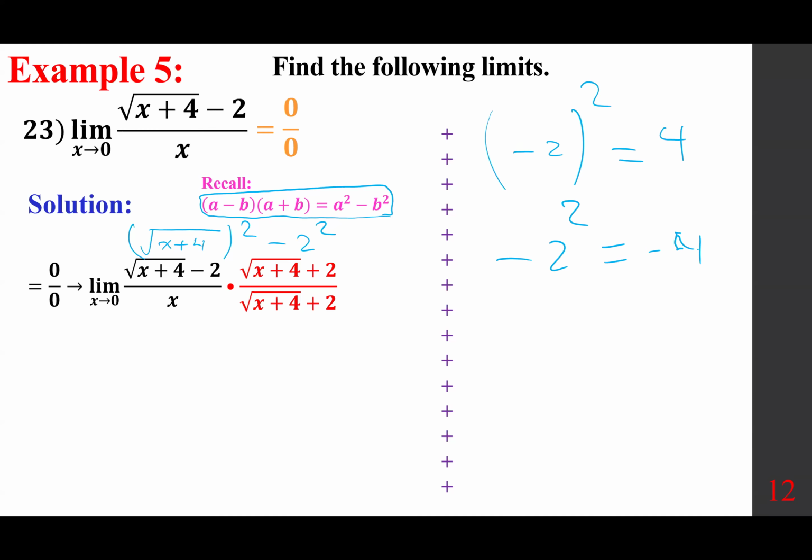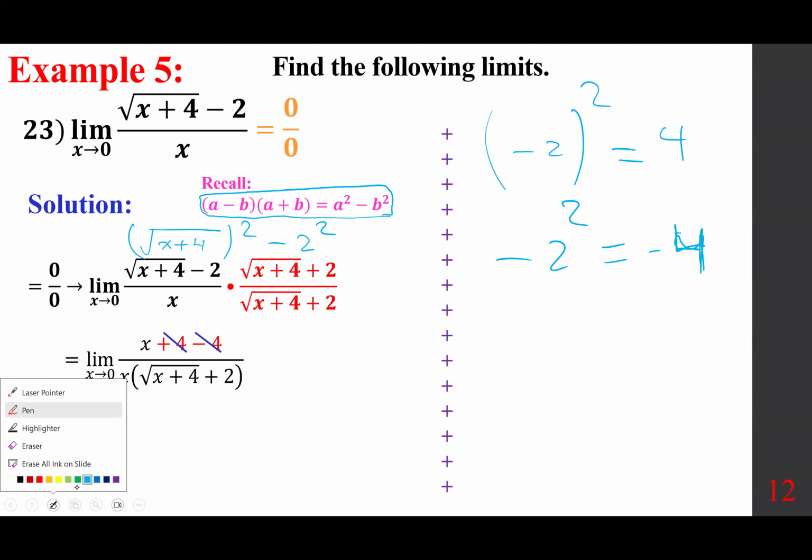Don't mix them up. Okay, and so the square root of x plus 4, quantity squared, comes out, becomes x plus 4 with minus 4. 4 and minus 4 cancel each other. These two cancel each other.